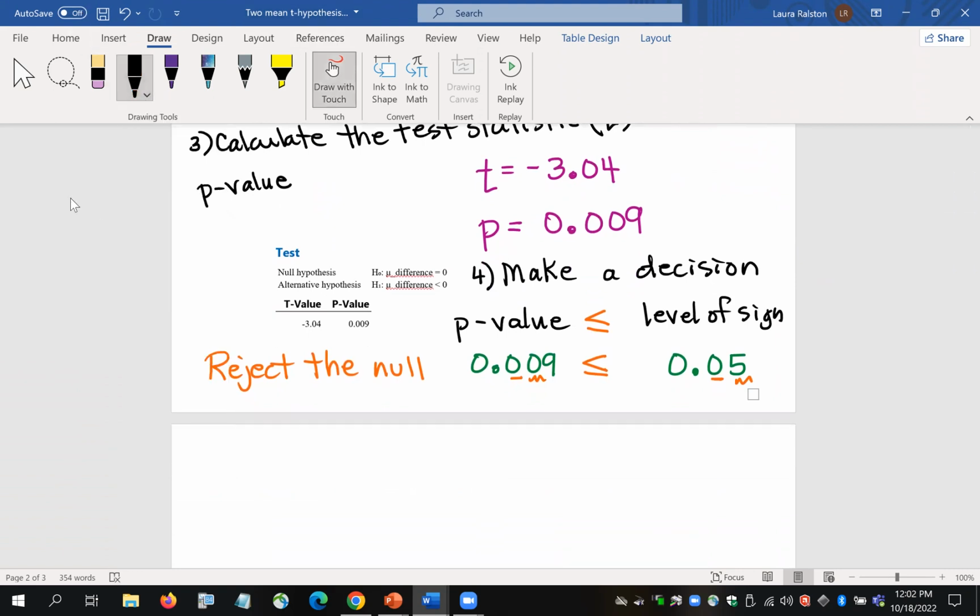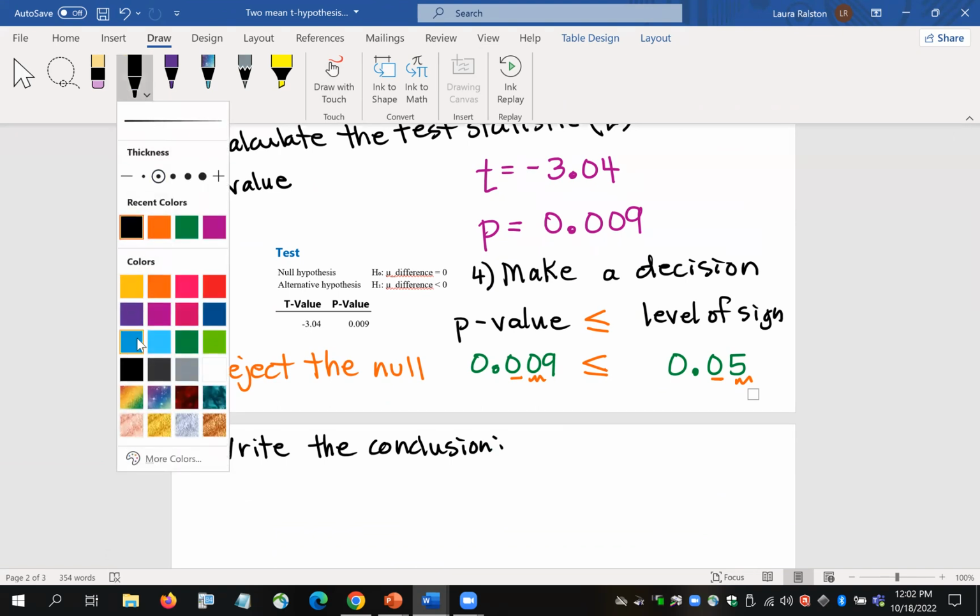Okay, so step 5, as always, you write the conclusion, including your level of significance.